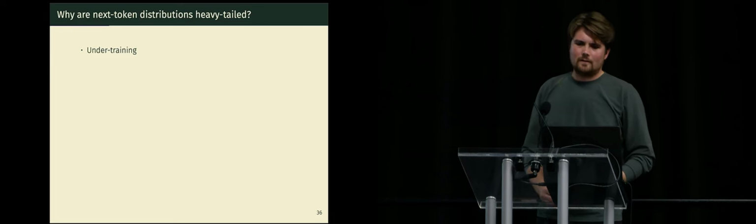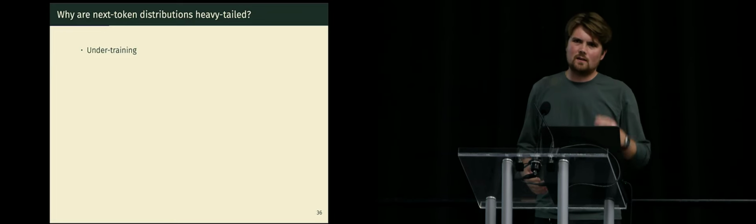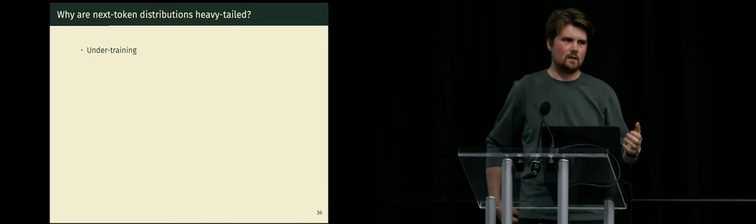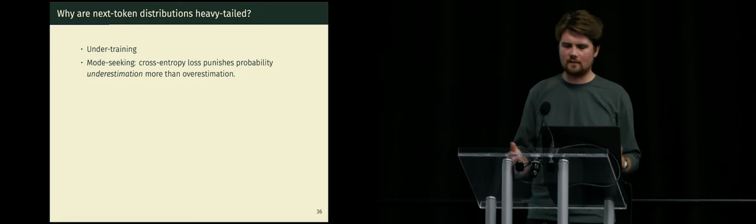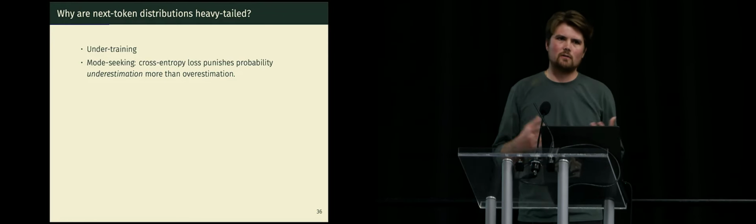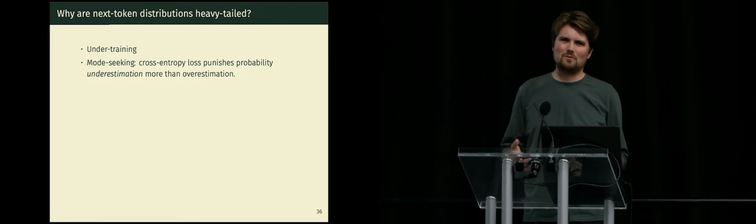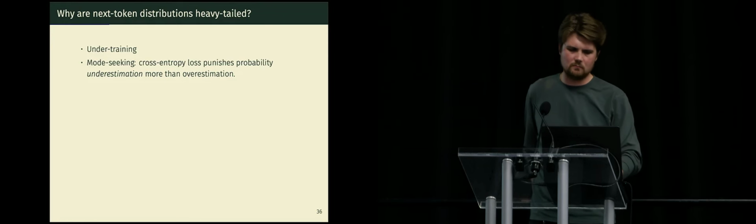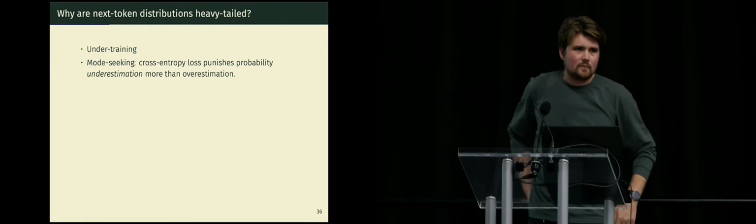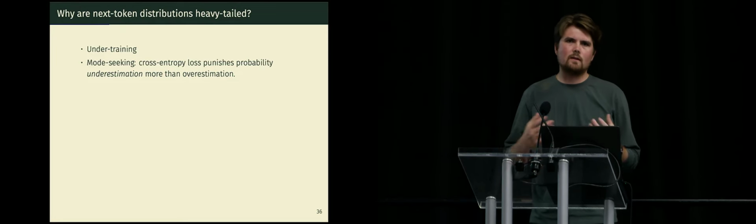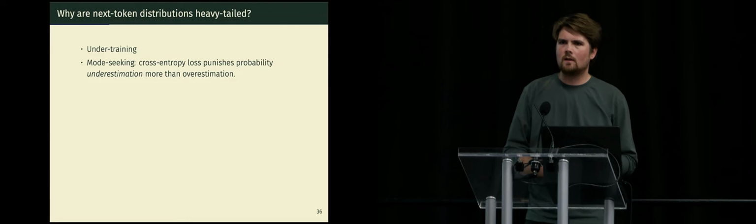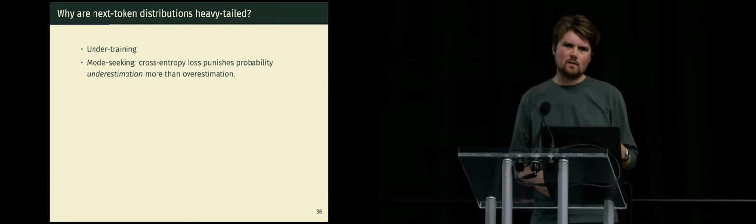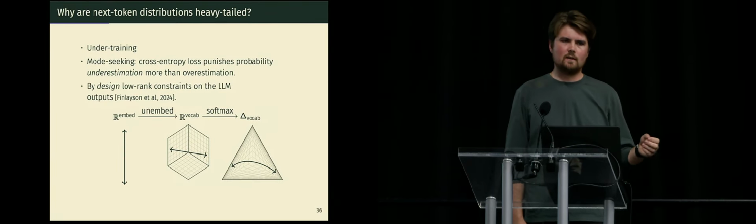One of the big mysteries in decoding research is why the model puts too much probability on the tail of a distribution. There are a few different theories. One is undertraining: the model doesn't know what the true next token distribution should be, so if you trained it for longer, maybe this problem would go away. Another explanation is the behavior of the cross-entropy loss function. During training, if you underestimate the probability of a token, you get a much larger penalty than if you overestimate it.